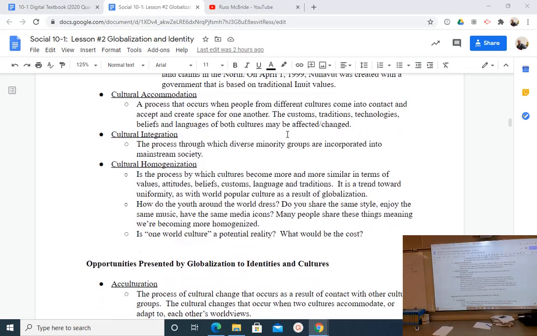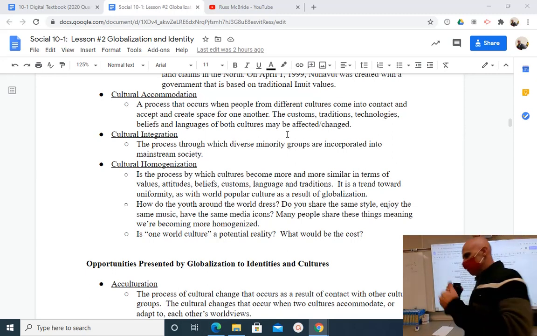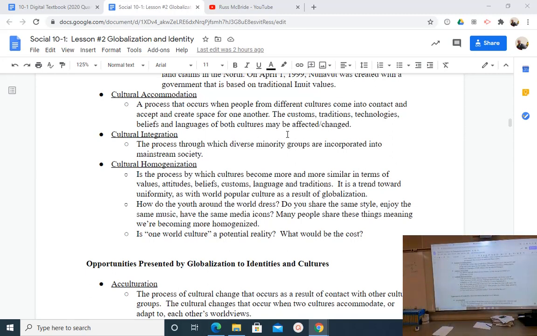So you have those other terms up there like accommodation, integration, homogenization. Now, one of the problems with cultural plurality, when instead of homogenizing or assimilating, you allow multiple cultures to coexist, is it will create disunity but it may also potentially be dangerous to the extent that there are certain cultural practices that could be against the common good.